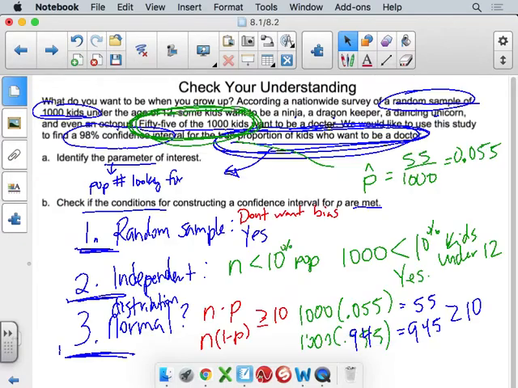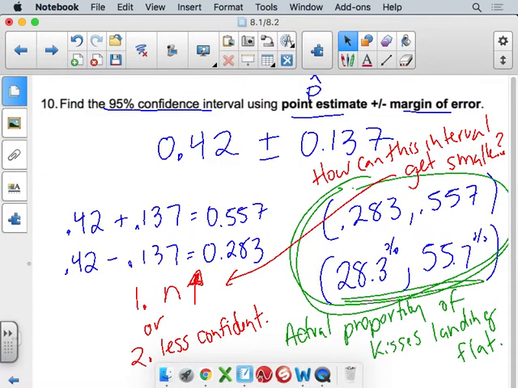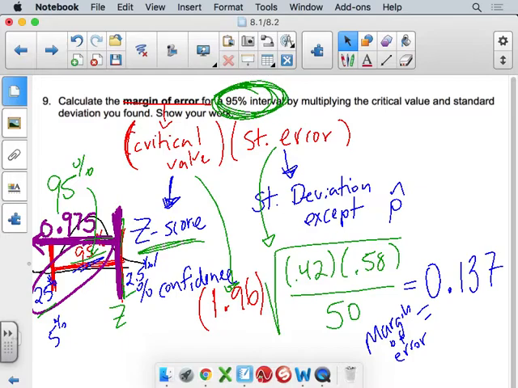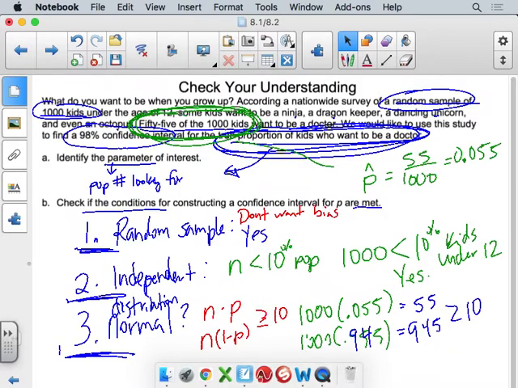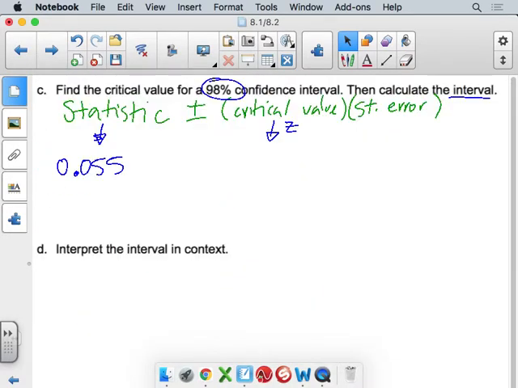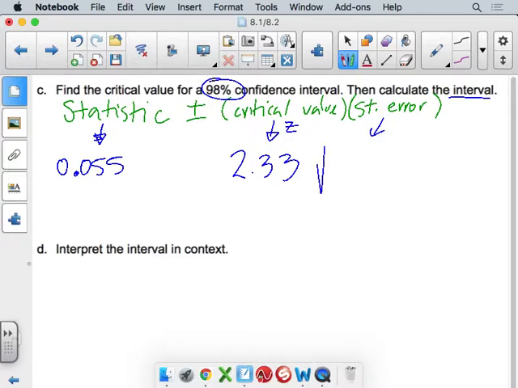All right, so you can see it's different than this critical value of 1.96 because we have a different percentage. So this critical value is 2.33, times the standard error, which is the square root of p hat times 1 minus p hat over n, where n was 1,000.